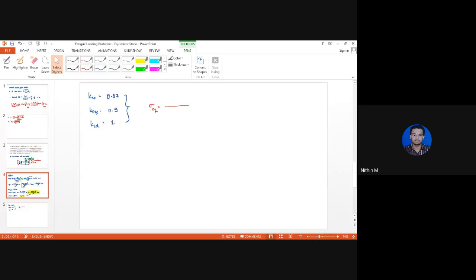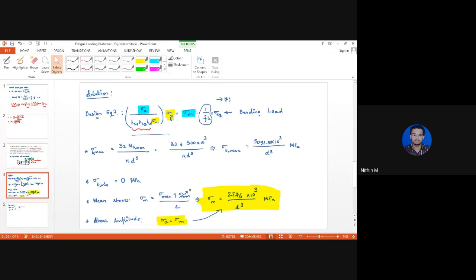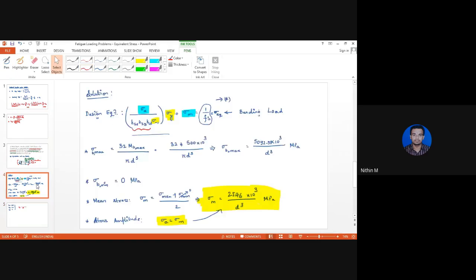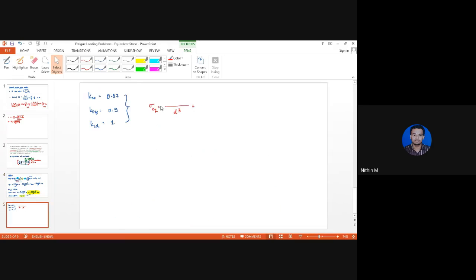Something divided by d cube, right? Plus sigma m. What is sigma m? Sigma m is 2546 into 10 to the power of 3 by d cube. Calculate this and tell me the value of sigma eq.